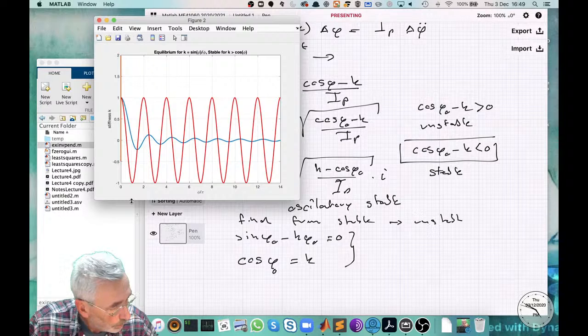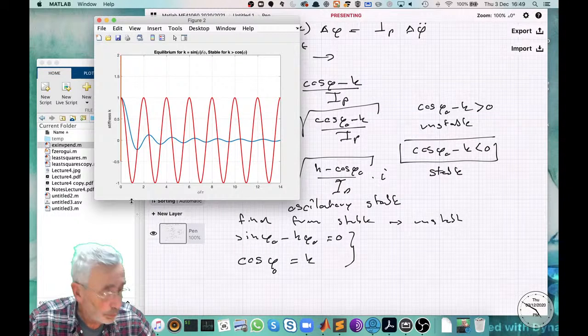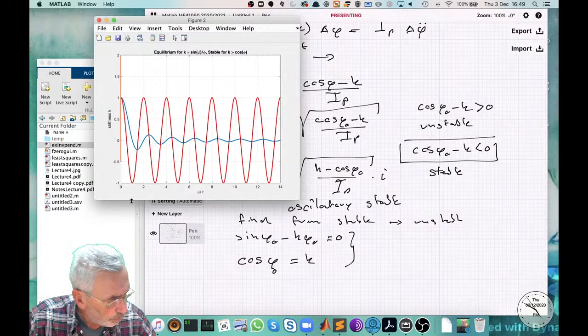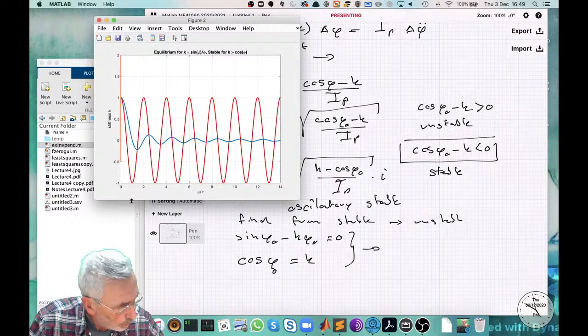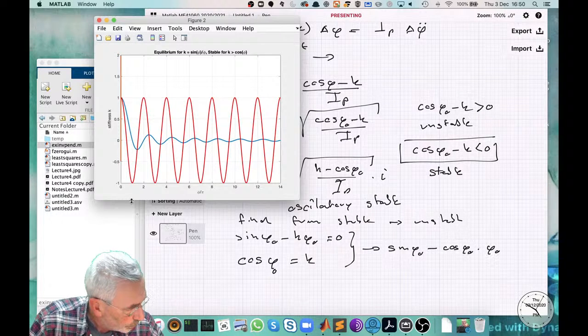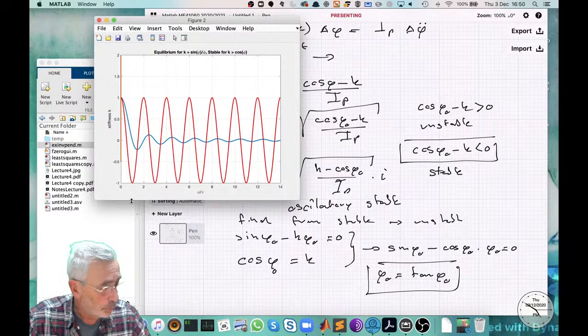And again, these are two nonlinear equations, and I can fiddle a little bit with it because this k is linear, so I can put the k in here, and you can then see sine phi 0 minus cosine phi 0 times phi 0 is 0, or in other words, phi 0 equals tangent phi 0. And that's again a nice nonlinear equation which you can solve.